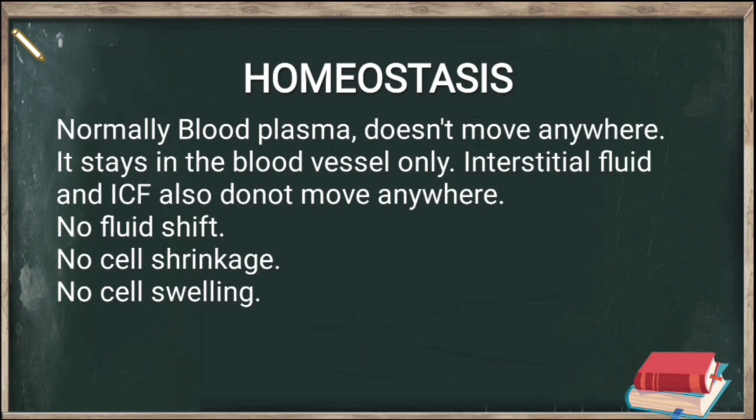That means there is no fluid shift, no cell shrinkage, that is no decrease in the size of the cell, and there is no cell swelling, that is there is no increase in the size of the cell.